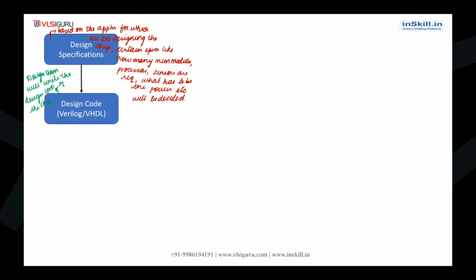They are basically describing the functionality of the chip.